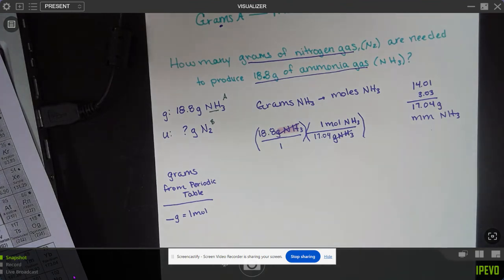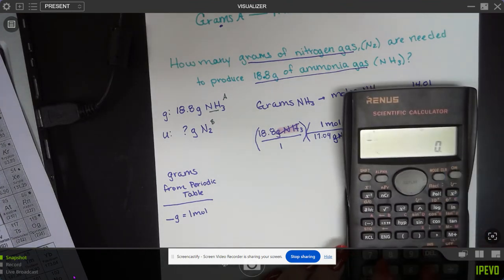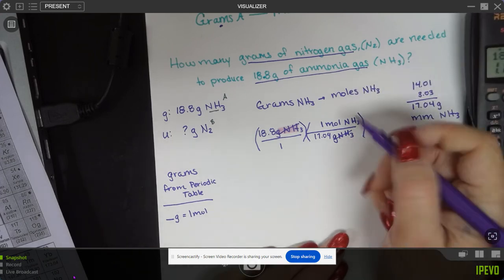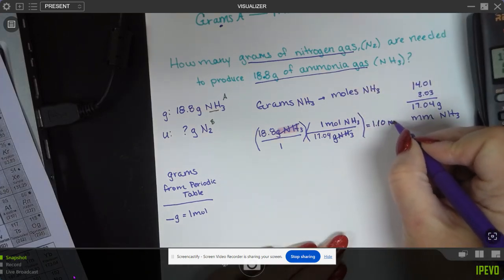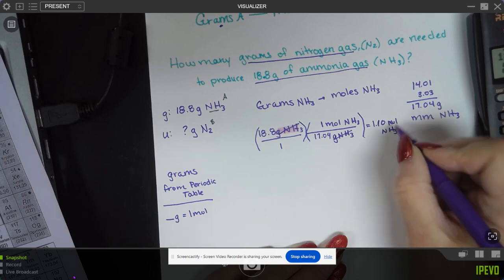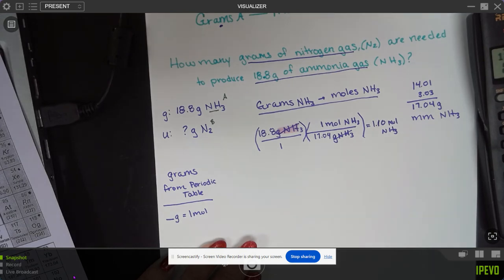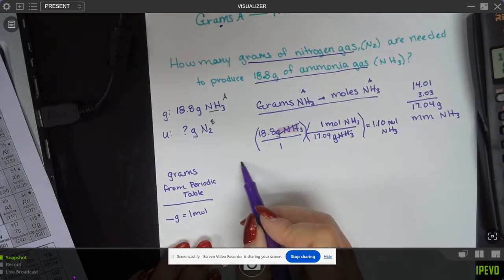Now I'm going to do this math: 18.8 divided by 17.04 is 1.10 moles of NH3. If we start with grams of A and go to moles of A, that's step 1.